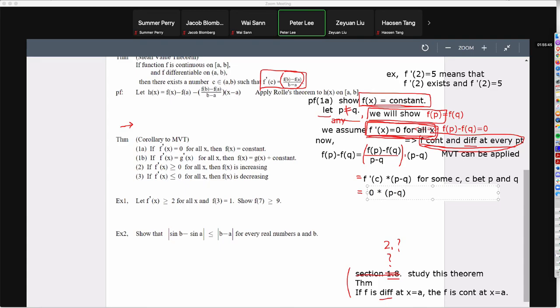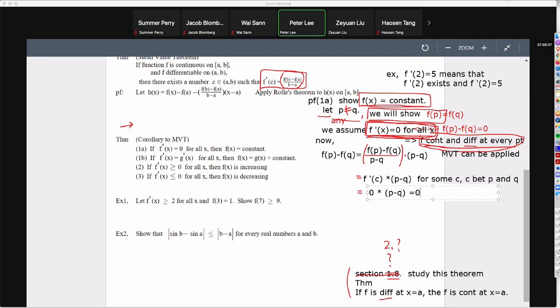Obviously, p minus q is not 0, and therefore this is equal to 0. So what we have shown is that f of p minus f of q is actually 0. It can only be 0, according to the mean value theorem. So that is the end of the proof of part 1A.